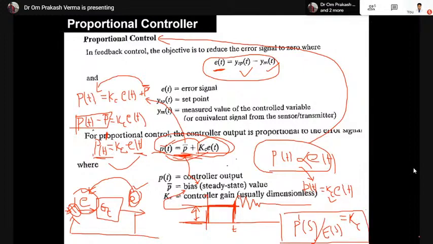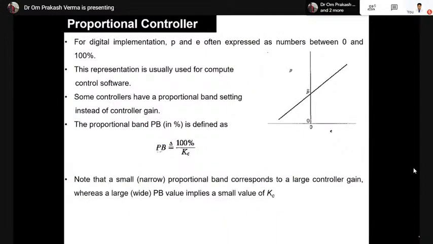Now, I have shown you the proportional controller in the digital implementation. For the digital realization, P and E are shown in the form of 0 to 100%, right?